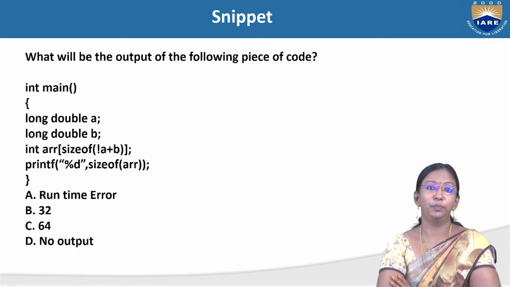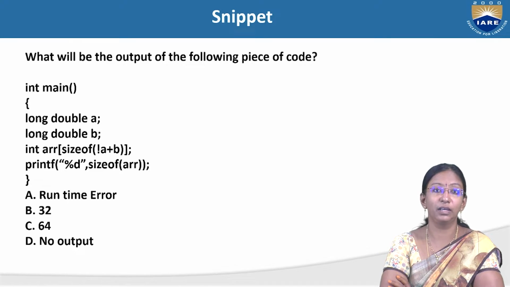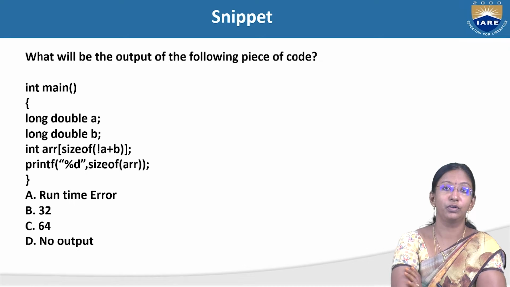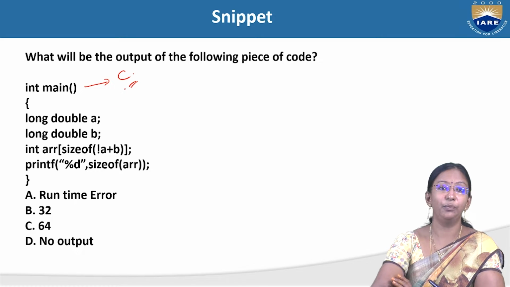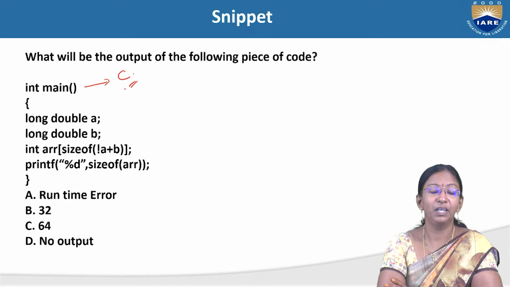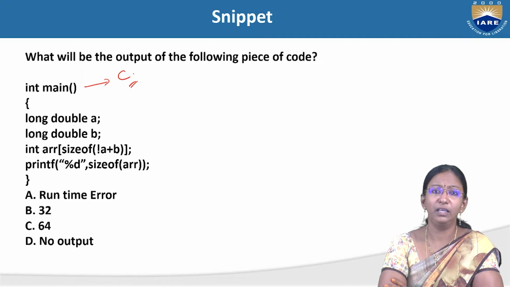So have a look at this piece of code. You can clearly see that it is the C programming language. Guys, you need to be very aware of that. In the coding round of your placements, you can choose Python, C++, Java, any programming language in which you are comfortable.